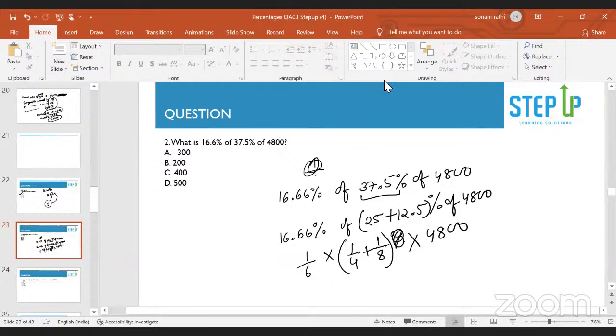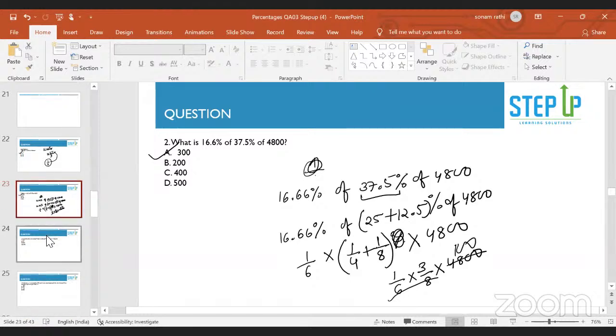One by 4 plus 1 by 8. Correct. Everyone is giving me the correct answer. Answer is 300. 6 8s are 48. 100 into 3, 300. Correct? Everyone got it? Anyone has any doubt in this question?